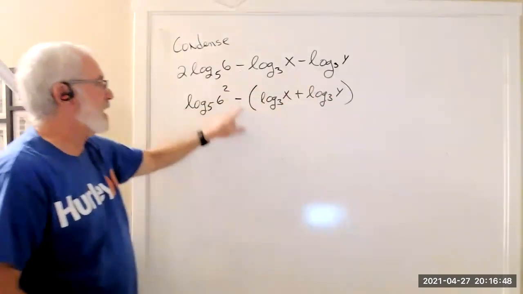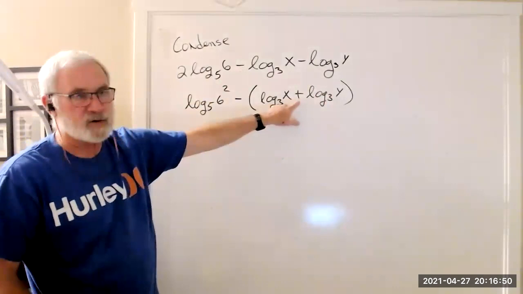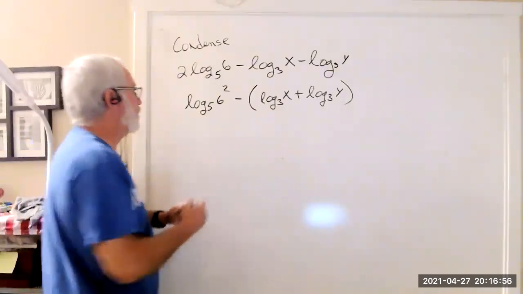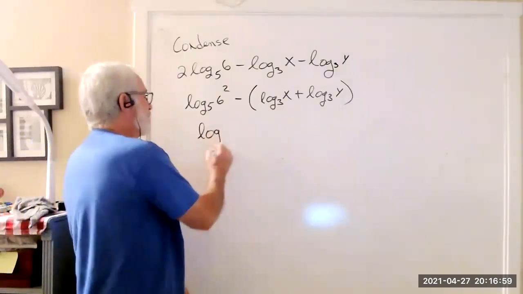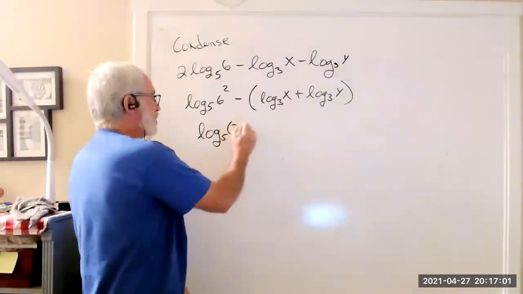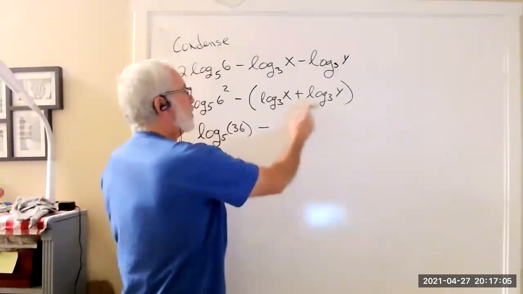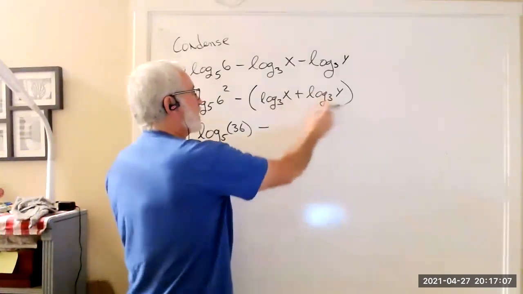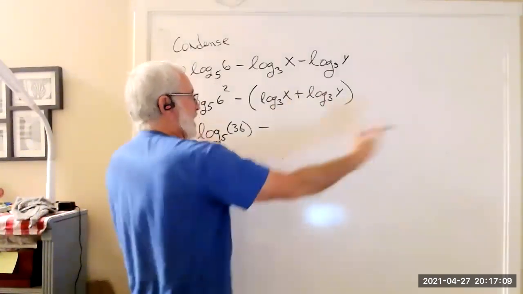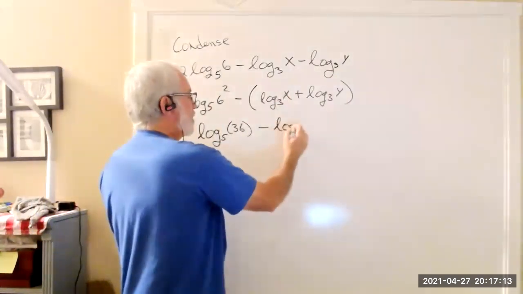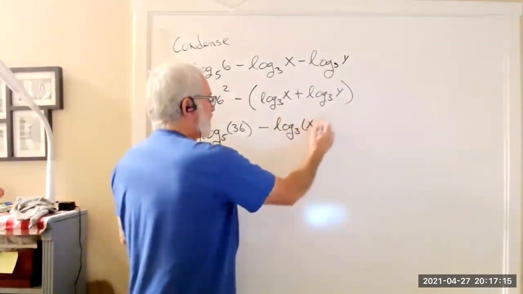That's why that turned into a plus. Well, this becomes log base 5 of 36 minus, all right, what do I do with 2 separate logs that are adding? How can I condense them? X times y. Log base 3 of x times y.